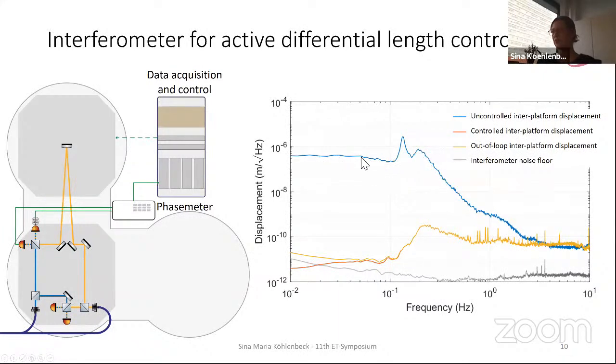It looks a lot like what you would expect from the seismic noise that we also have seen in gravitational wave detectors. And if we then apply this active feedback and let the second table follow the first one, then we can reduce this differential length noise very efficiently, even get down to 10 picometers per square root hertz.